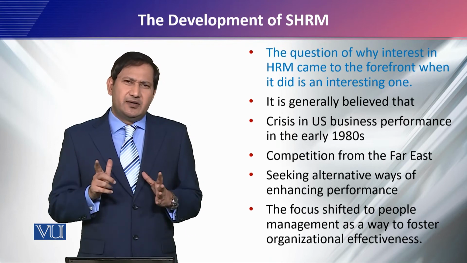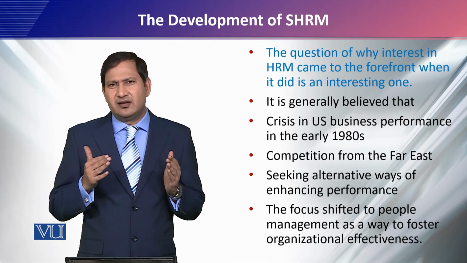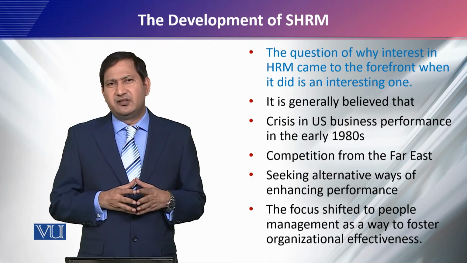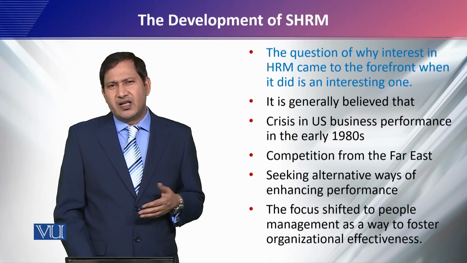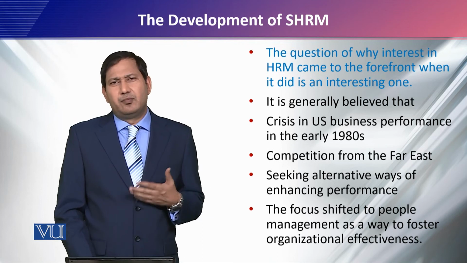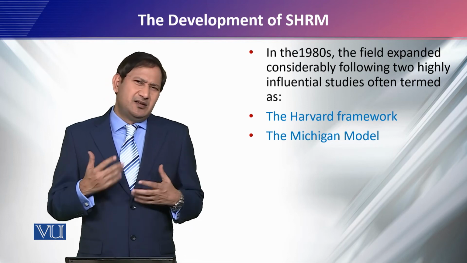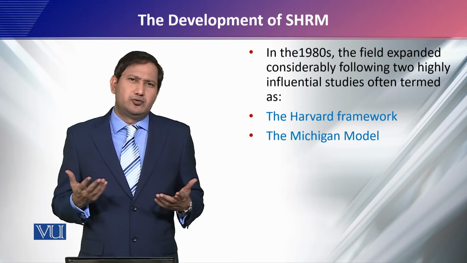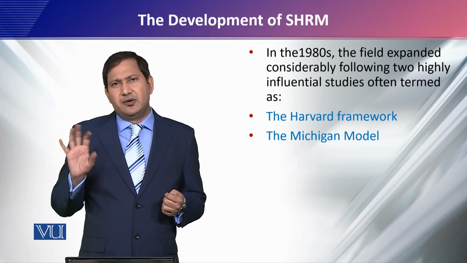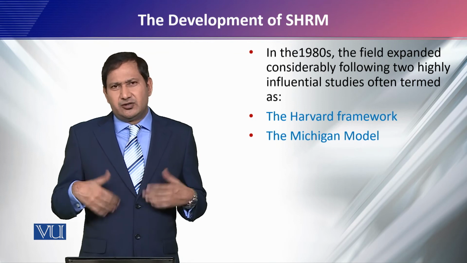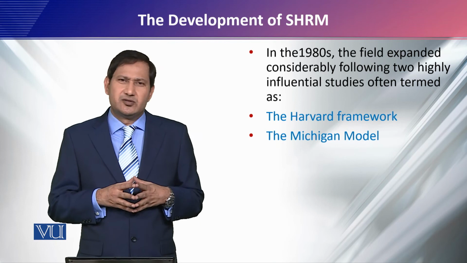In other words, the United States and the Western world realized the question of how to compete with the Far East organizations. So they thought it could be the strategic or better use of human resource management. As a result of this question, how to compete with these Far East companies, two models emerged, and they are still dominating the field of strategic human resource management.